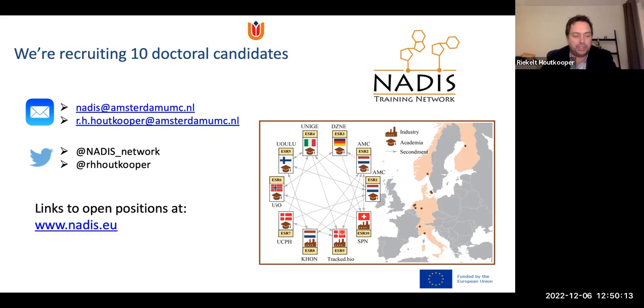We're recruiting 10 PhDs across these European centers. 2 will be based in Amsterdam with us. The positions are on this website there. The position is still open for another 5 days. Then we close it and we select. So if you happen to know someone, they have to be fast. Yeah, feel free to advertise that.